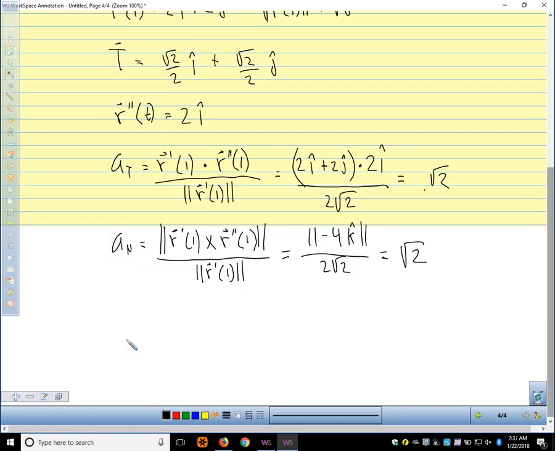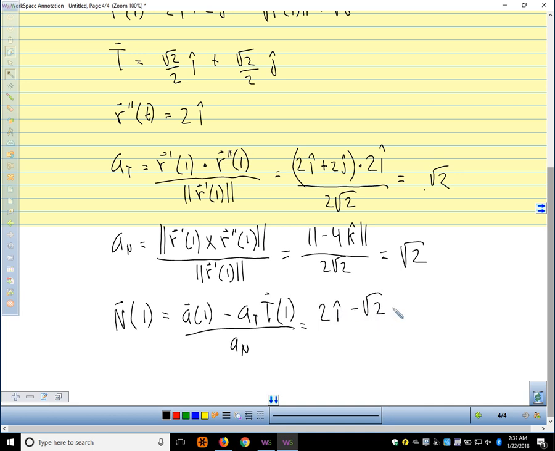Now we can calculate our principal unit normal vector relatively easily. Our principal unit normal vector at 1 is the acceleration at 1 minus a sub t times T at 1, over a sub n. And we have all those quantities. 2i hat minus the square root of 2 times the square root of 2 over 2 i hat plus square root of 2 over 2 j hat, over the square root of 2.